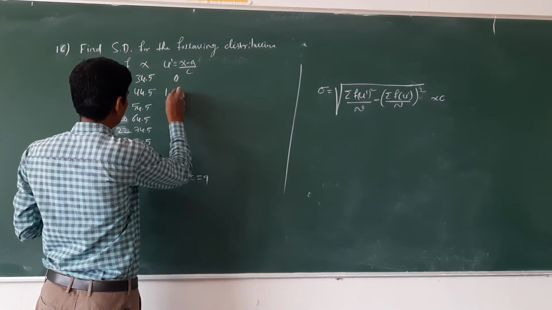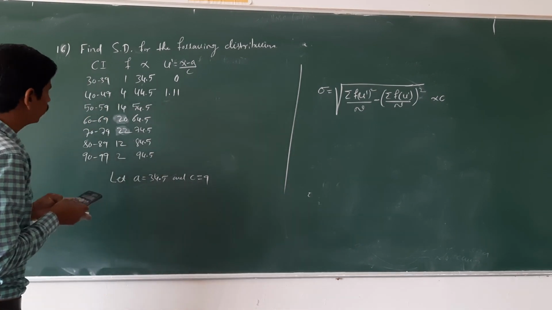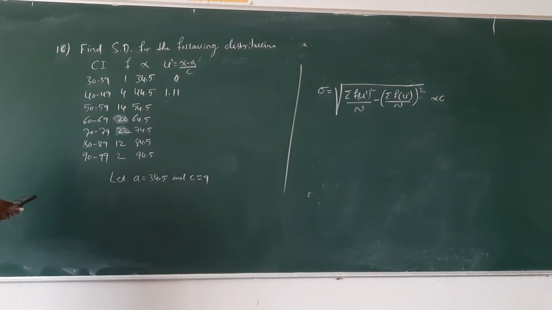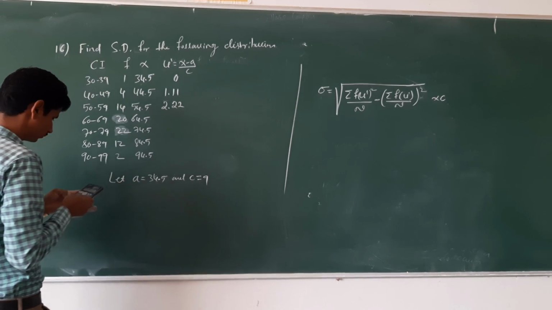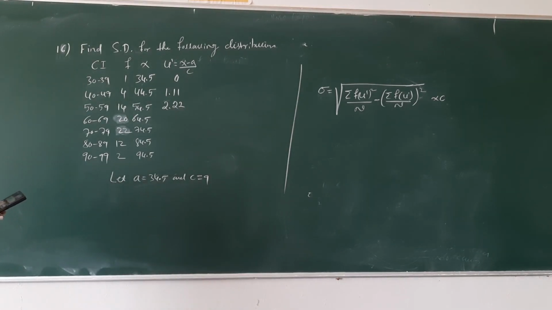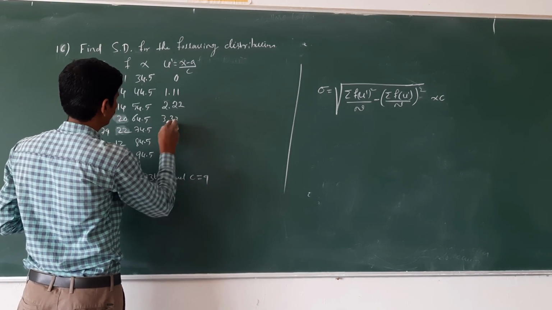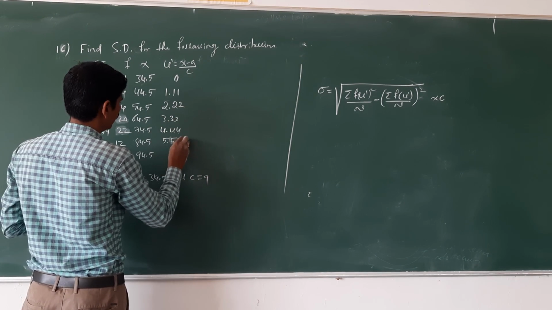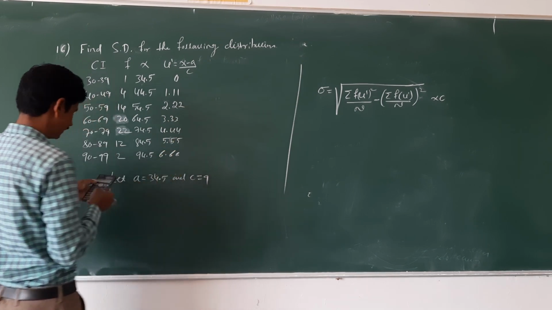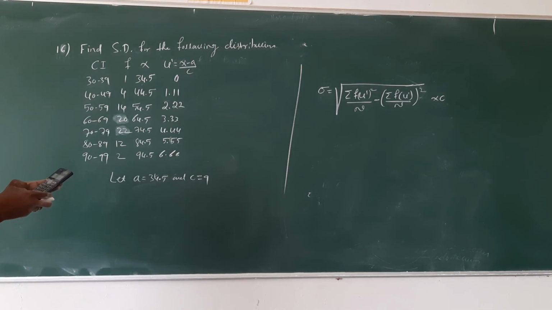Next 54.5 minus 34.5 divided by 9 is 2.22. The next 64.5 minus 34.5 is 30, divided by 9 is 3.33. Then 4.44, 5.55 and last 6.66. Here 94.5 minus 34.5 is 60, divided by 9 is 6.66.